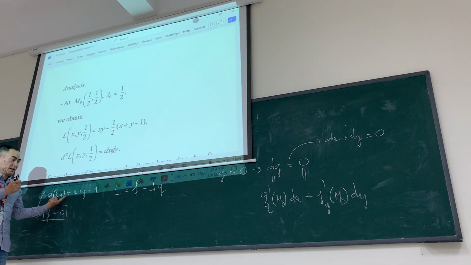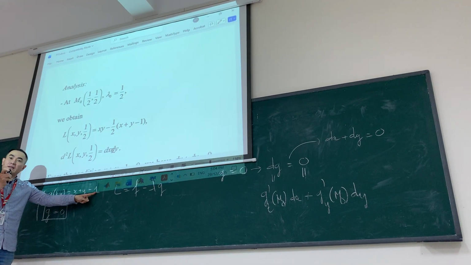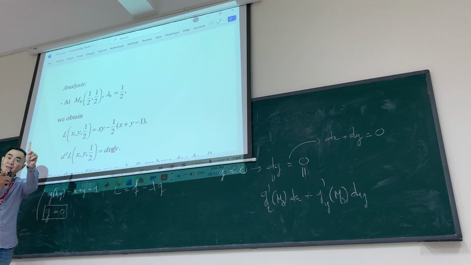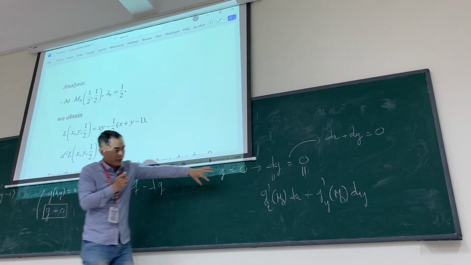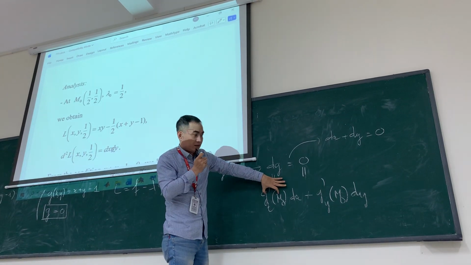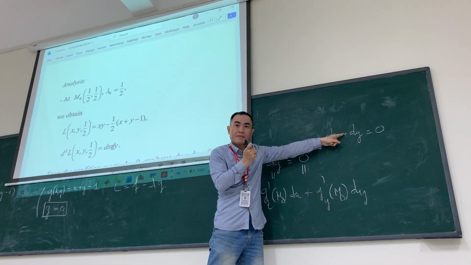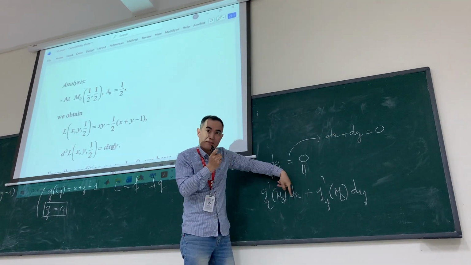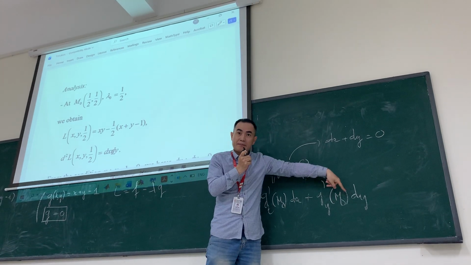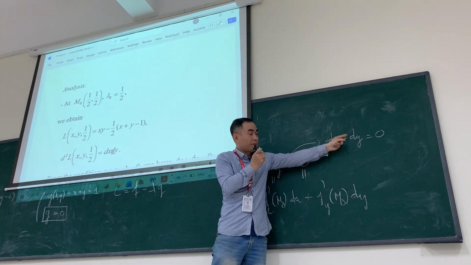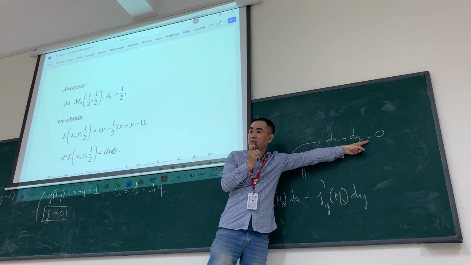Z is equal to x plus y minus 1. Z prime x is 1. Z prime y is equal to 1. So we have 1 times dx plus 1 times dy, so dx plus dy equals 0.